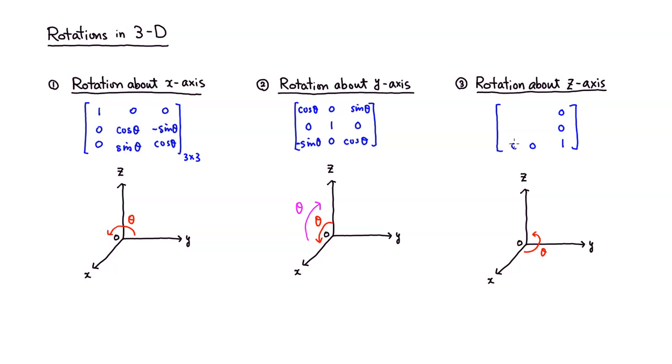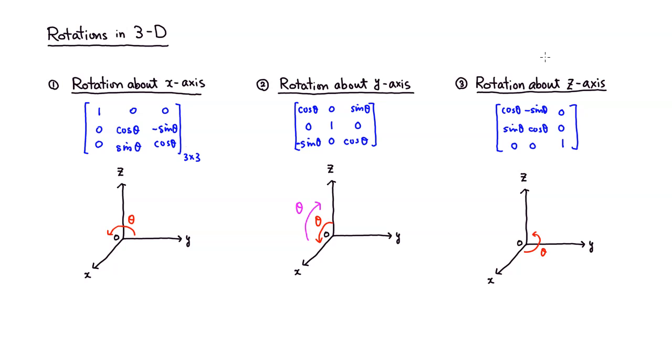Now you can ignore the z-coordinate and do the rotation on the xy plane, which we already know how to do: cosine of theta, negative sine of theta, and sine of theta, cosine of theta. This is the matrix corresponding to the rotation about the z-axis.